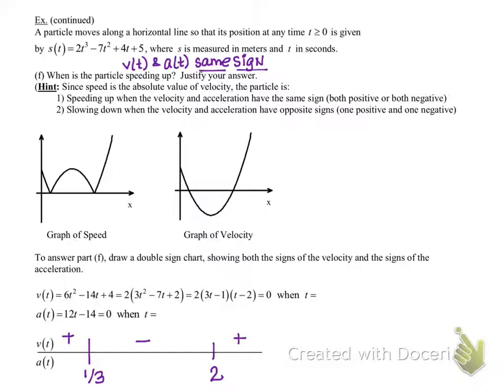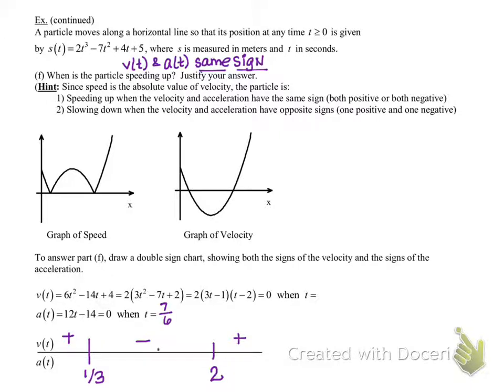From the previous page, we know that our velocity is positive when t is less than 1/3 and when t is greater than 2. Now we're going to look at our acceleration, and our acceleration equals 0 when t equals 7/6.